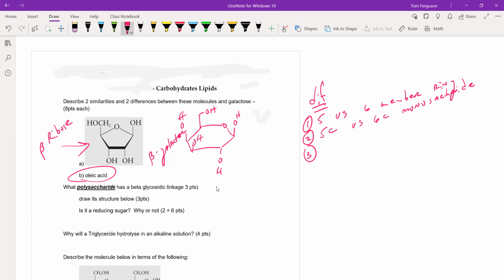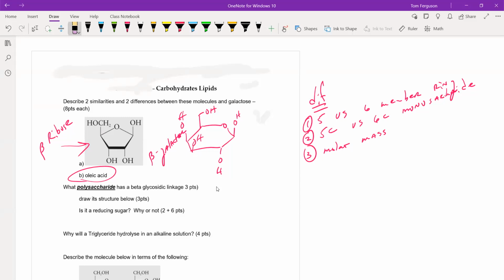All right. Anything else you guys notice? Well, the masses are going to be different because you have 5 carbons versus 6 carbons. That's probably about it off the top of my head there.